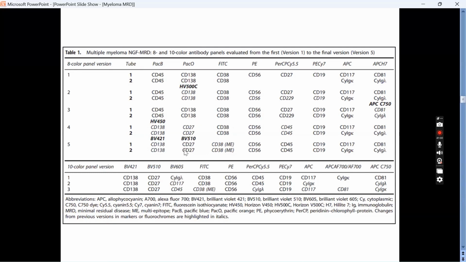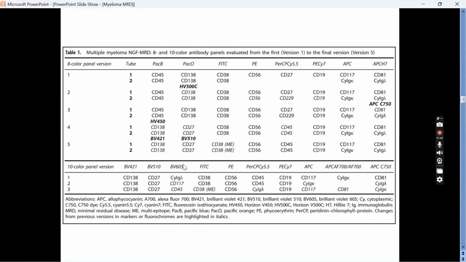But remember, if you want to acquire 5 million or 10 million events using 2 tubes, then in every tube you need to take 10 million events. So you need a large volume of sample. You need to use a large amount of lysing solution to lyse those samples and get cells of this quantity.